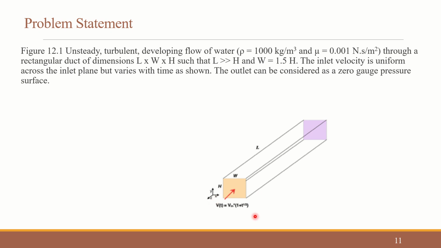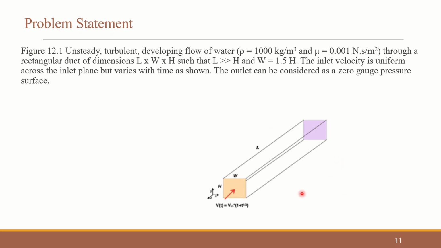It is given as V in into 1 plus t to the power of 1 by 2. Outlet can be considered as a zero gauge pressure surface.